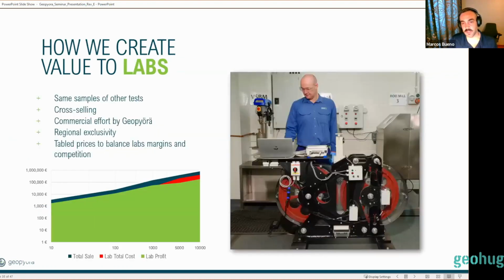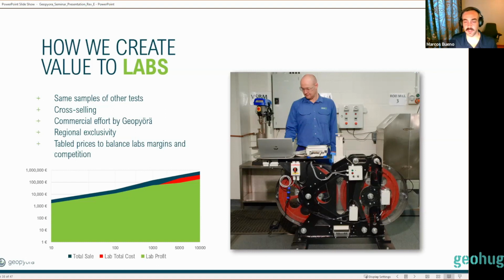For laboratories adopting our technology, for instance Core Resources, there is a lot of value in terms of cross-selling. They can offer the test on samples that they would do other test work on, on the same sample. And then we have our commercial effort of bringing customers to the laboratory.